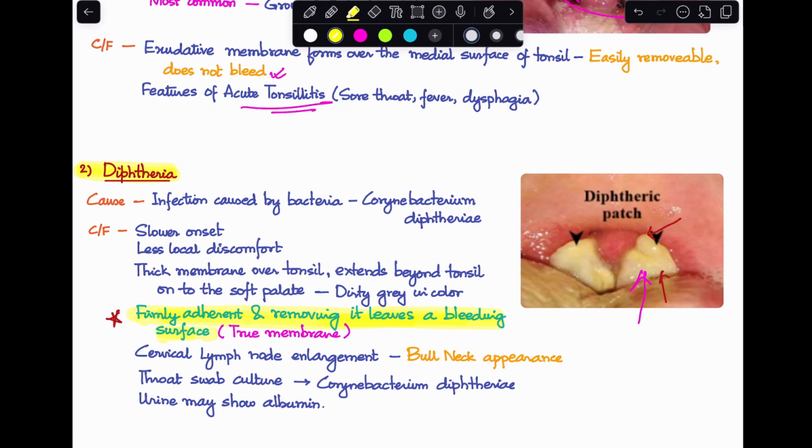The patient can have a bull neck appearance, which occurs because of cervical lymph node enlargement. A throat swab and culture will show Corynebacterium diphtheriae, and a urine test may show albumin as well. So that's about diphtheria.